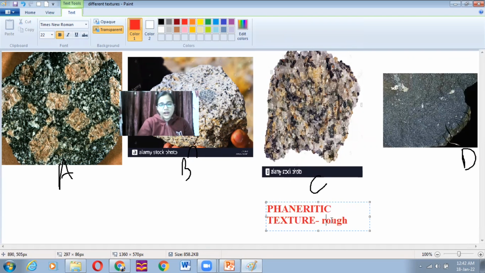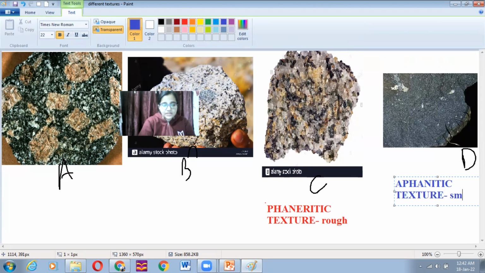Rough. और आपके D point में जहां पे smooth feeling आ रहा है, because of the low temperature of the earth, and for which the rocks were able to solidify quickly, minerals were able to arrange very quickly, crystals collided with one another, and because of friction their size decreased. So we have a name for it. We call it aphanitic texture. And aphanitic texture, it gives a very smooth feeling.